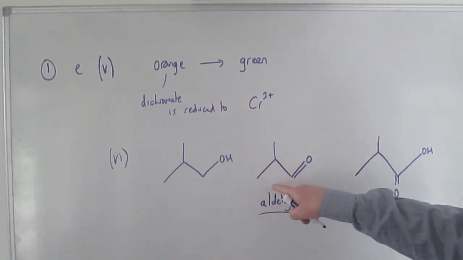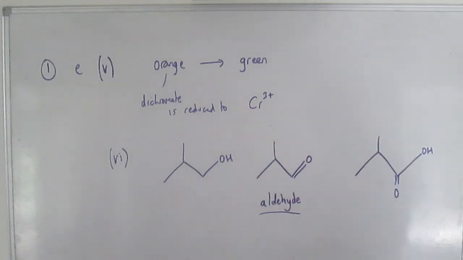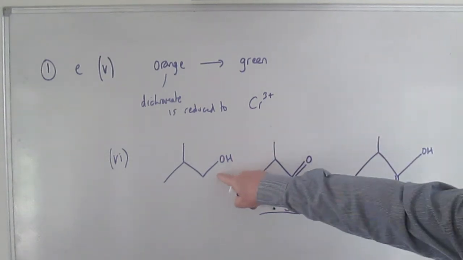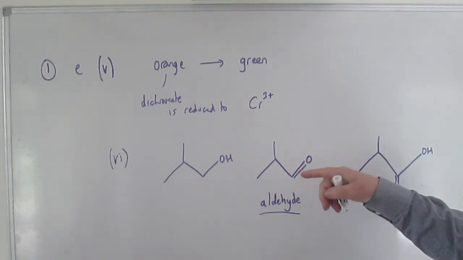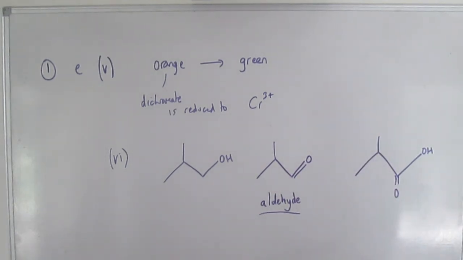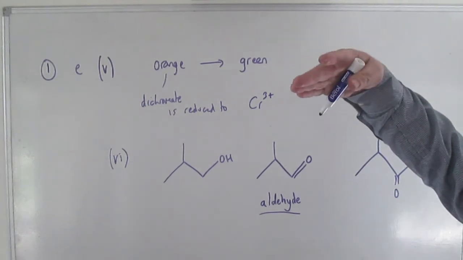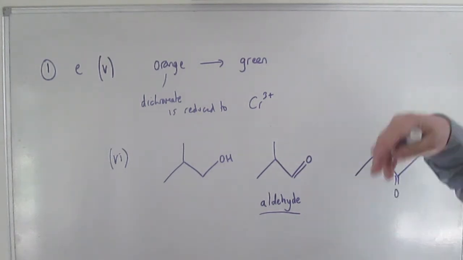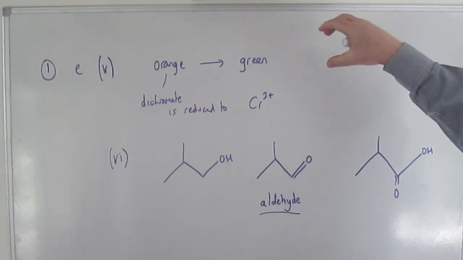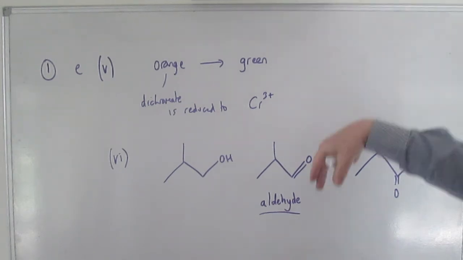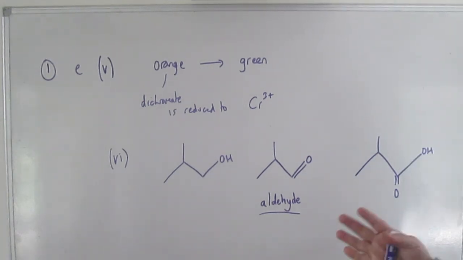And the answer is that this tends to have a relatively low boiling point compared to these, because it doesn't have any OH groups, so its ability to hydrogen bond is much less. And that makes it relatively easy to just boil it off as soon as it's formed. The idea in refluxing is that the vapour condenses in that condenser on the top and drips back into the reaction mixture to have another go.